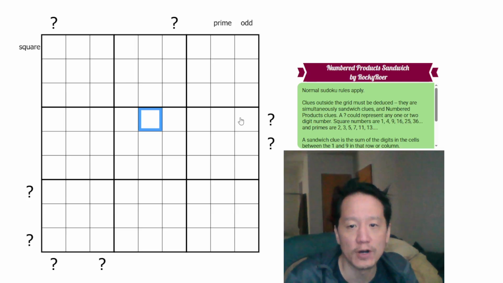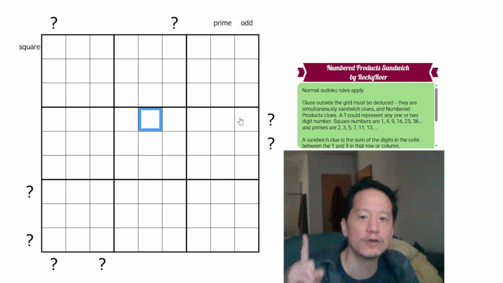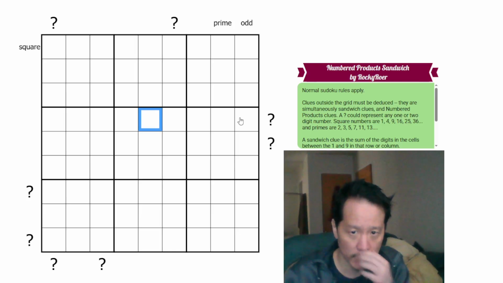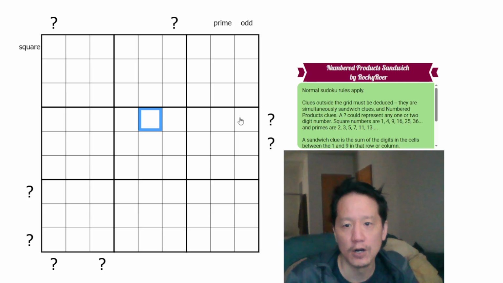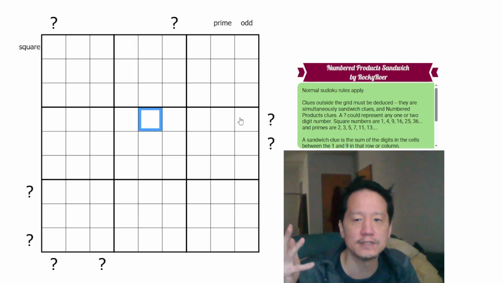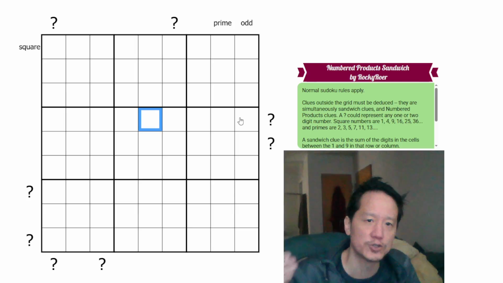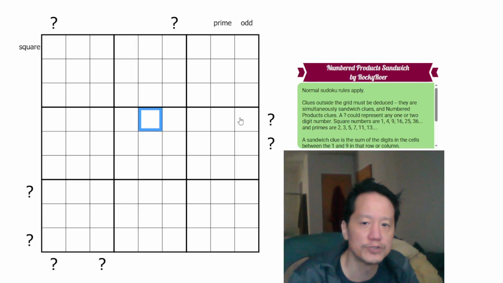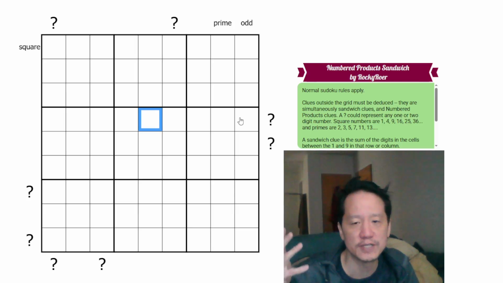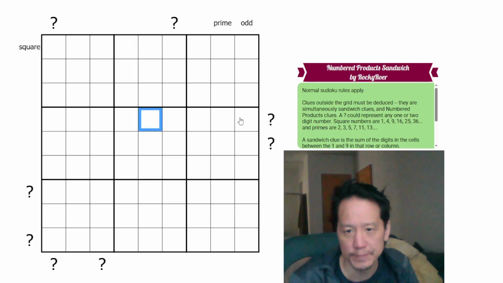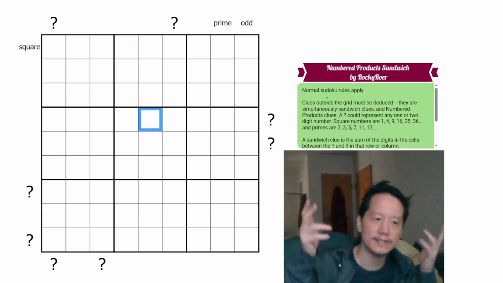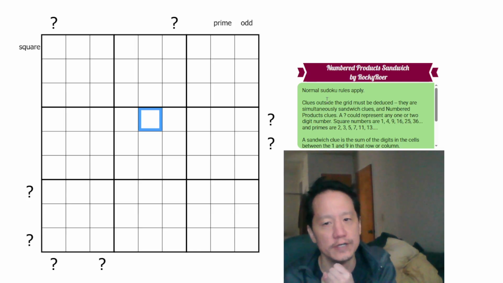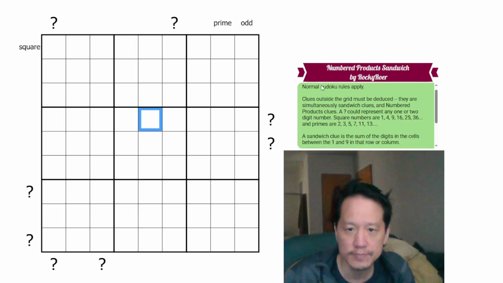A question mark could represent any 1 or 2-digit number. Square numbers are 1, 4, 9, 16, 25, 36, etc. And prime numbers are 2, 3, 5, 7, 11, 13, etc. So the normal idea of what a square number is and what a prime is.